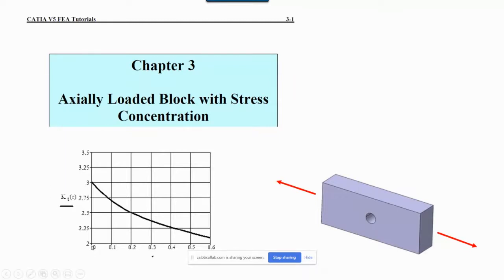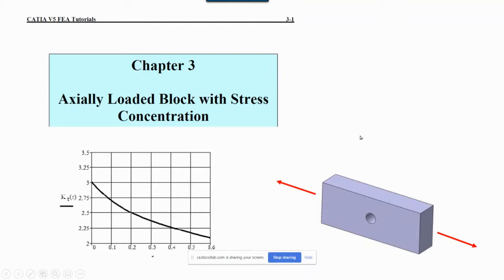Okay, you can see that when this ratio, this horizontal axis is the ratio of R probably over some kind of a W, the width, yeah, R over W. If R over W is very small, in other words, the hole is really tiny compared to the width of this plate, the stress concentration is 3, right there.